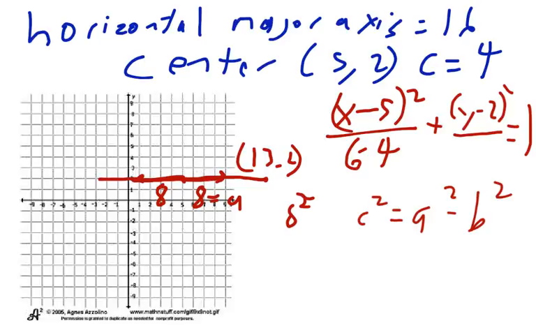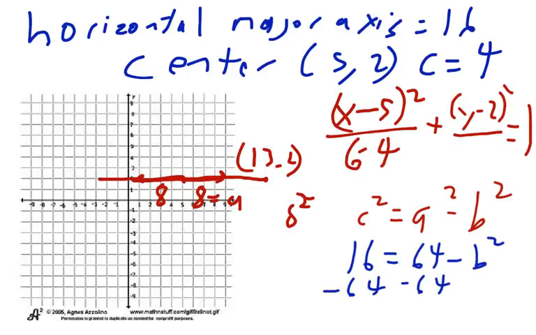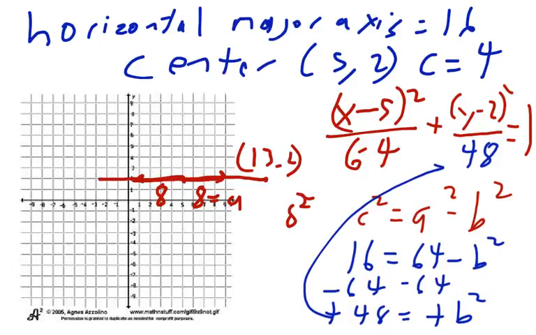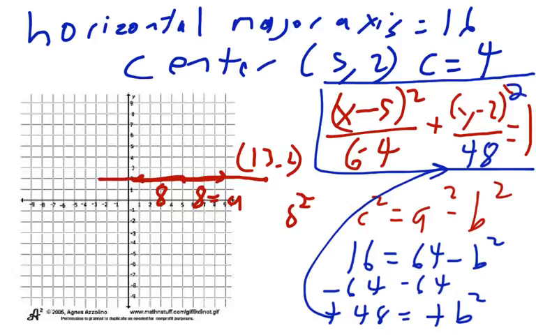So we're told 16 equals 64 minus b squared. When I subtract 64 from both sides, we get negative 48 equals negative b squared. Two negatives can cancel each other out on the opposite side, so we get b squared is equal to 48, and that winds up here. And here is a good solid equation based on the given information. Alright, and that's it for this section.